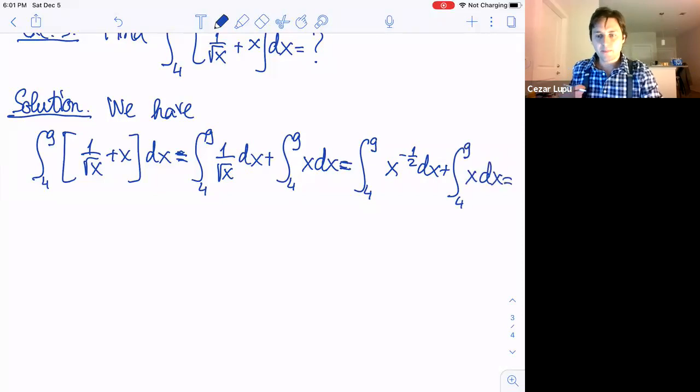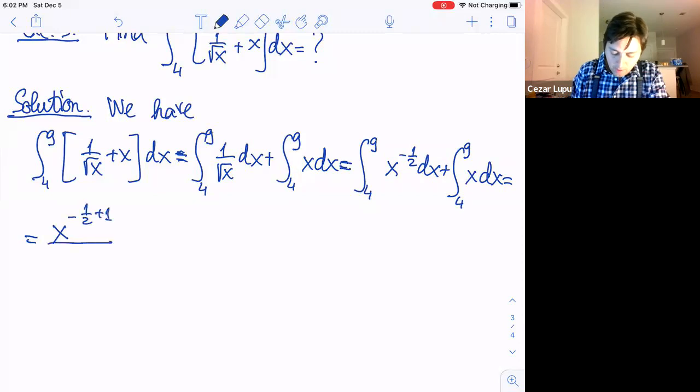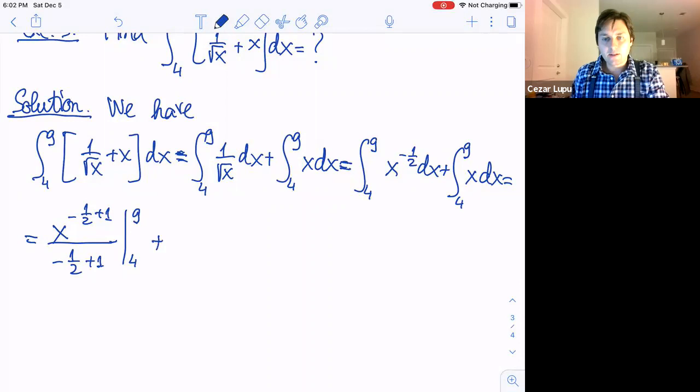Okay, so now we have power functions on both sides. So this would be x to the -1/2 plus 1 over -1/2 plus 1, and we should be careful here, from 4 to 9, plus the antiderivative of x, which is x squared over 2 from 4 to 9, right?